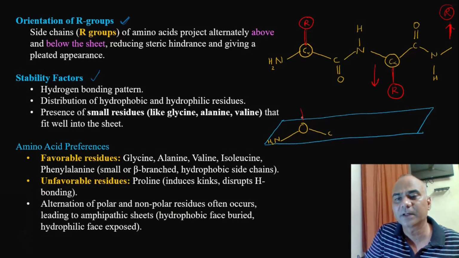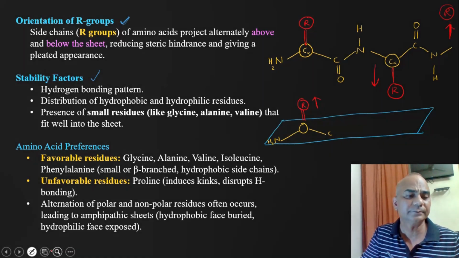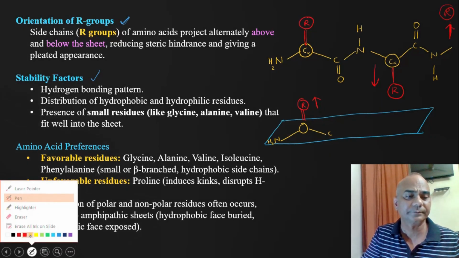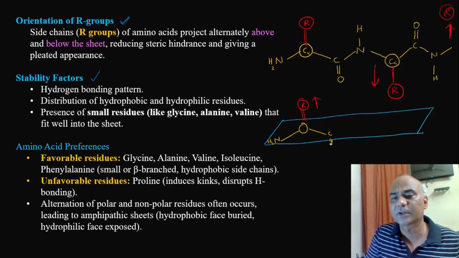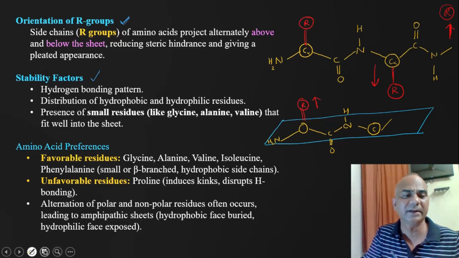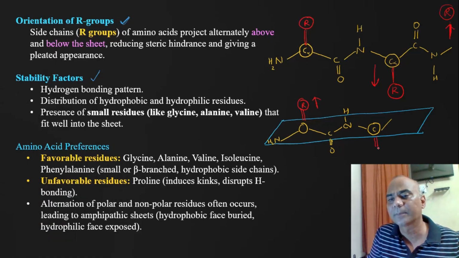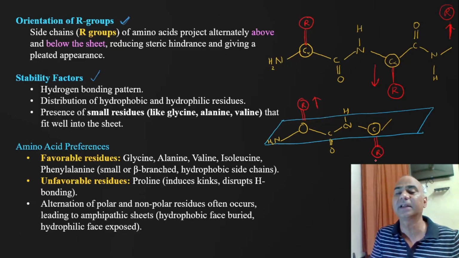This alkyl group is projected outside the plane of the paper. This is the carbonyl oxygen, and again I am making here the amide hydrogen, and this is the carbon alpha of another amino acid, and the alkyl group of this amino acid is projected downward from the plane of the paper.